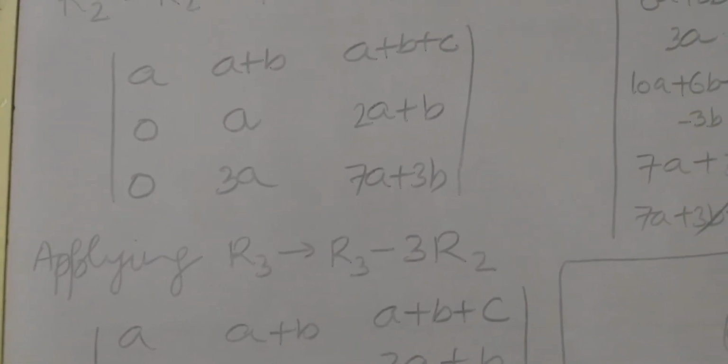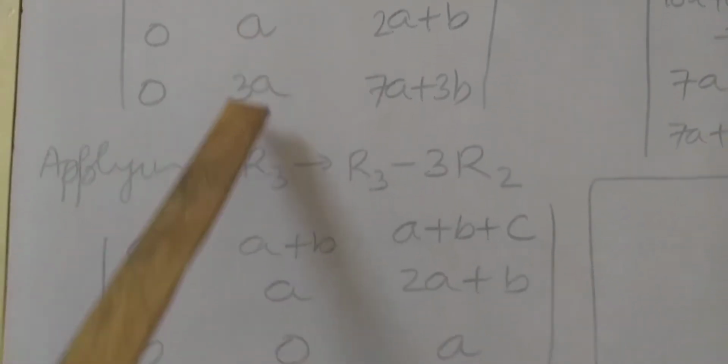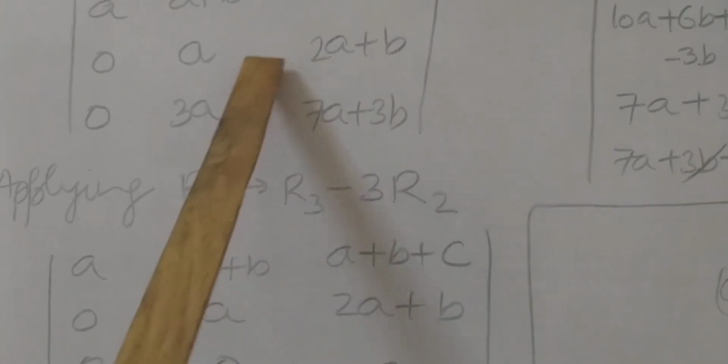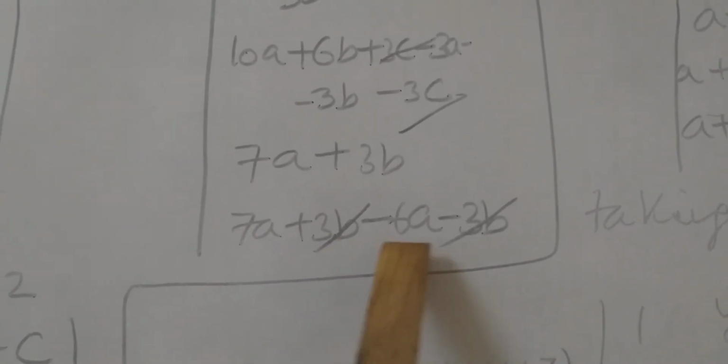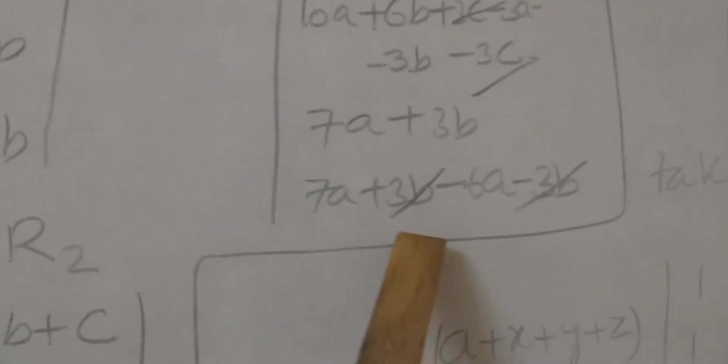R1 and R2 will remain as they are. 3A minus 3A, 0. 7A plus 3B minus 3 times 2A plus B, that is 7A plus 3B minus 6A minus 3B when we open it. So 3B and 3B cancel, 7A minus 6A.